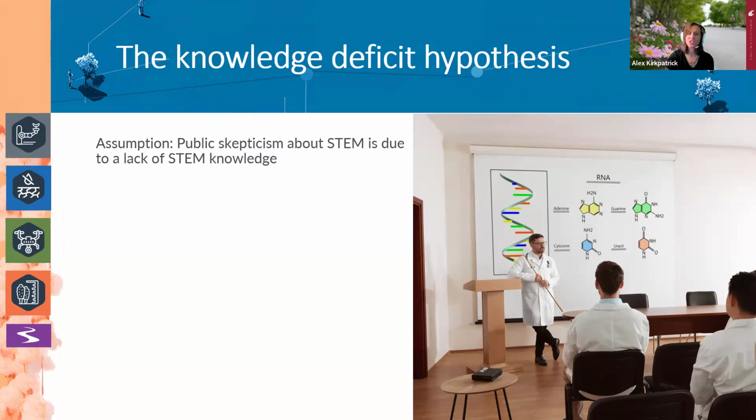In fact, national surveys find that people are generally pretty well informed about science to the extent that they need to be. For example, most people know that the Earth orbits the sun, outer space is a vacuum, or that things on the quantum scale are smaller than things on the atomic scale.